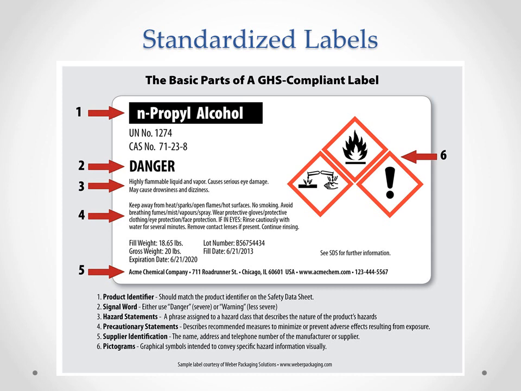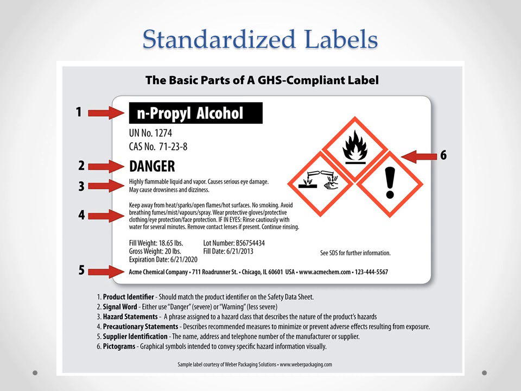Number 3 points to the hazard statement. These are specifically worded statements listing the hazards as determined by the new test criteria. Number 4 points to the precautionary statements. These are also specifically worded statements that indicate how to avoid an exposure and what action to take in the event of an exposure. Number 5 points to the supplier identification.